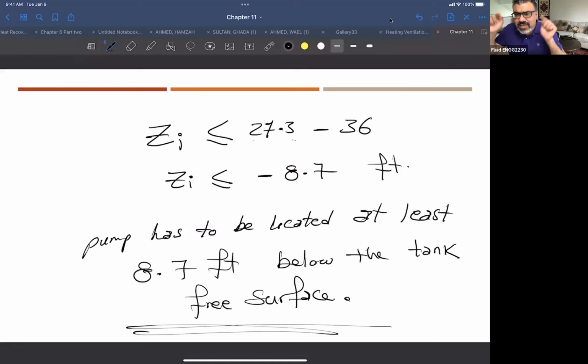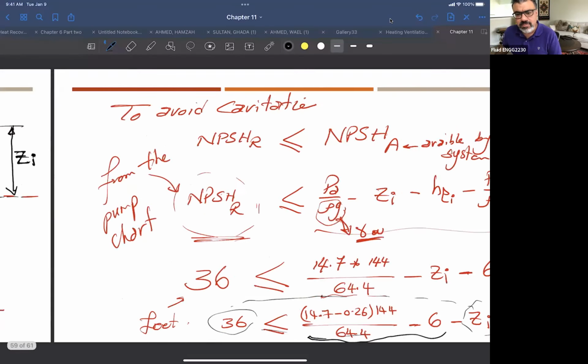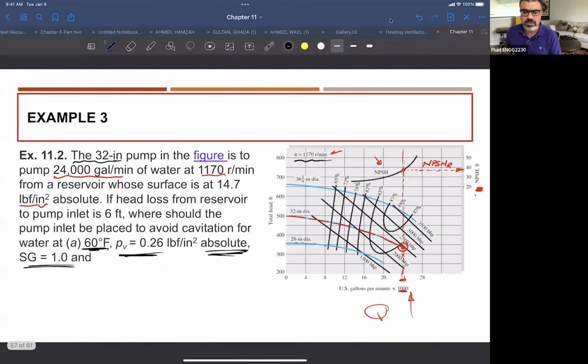But for this very specific pump, you can even put the pump above the water level, and then you still don't have cavitation. So it all depends on the design and the type of the pump, right? This very specific type of pump, this is your limitation for it.